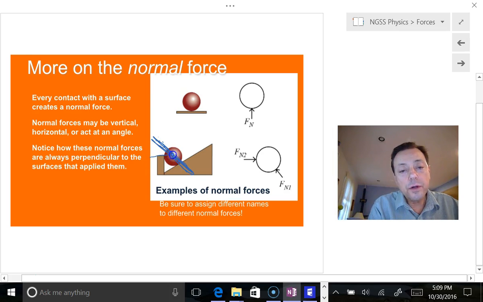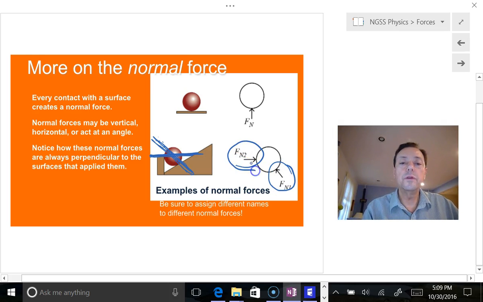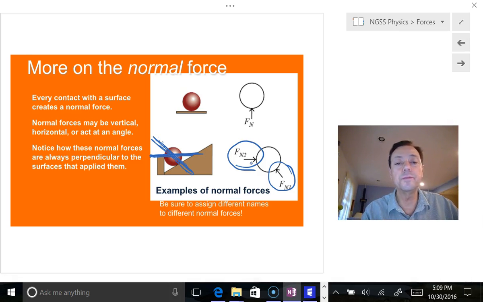The force here at the point of contact would be along this axis. So this is the one from the incline. This is the one from the wall. Okay, so it's perpendicular to the surface at the point of contact with the object.